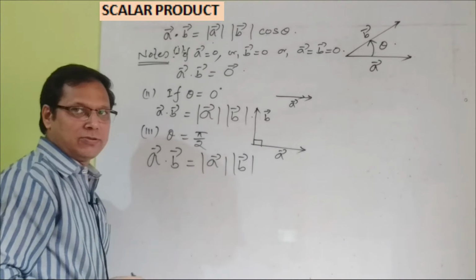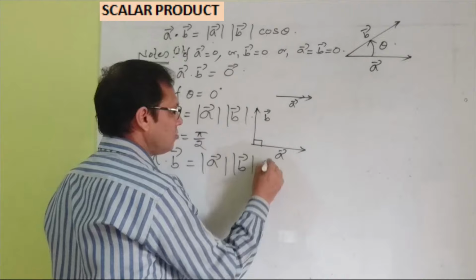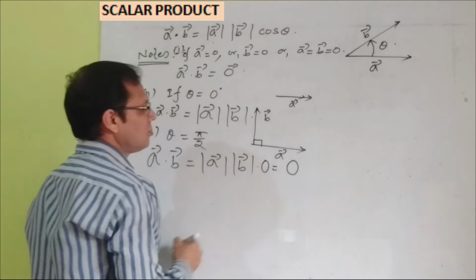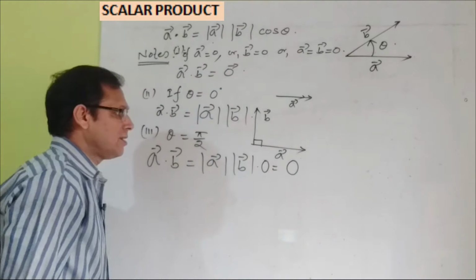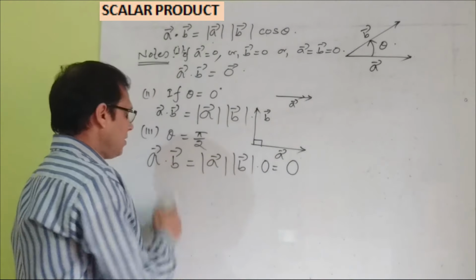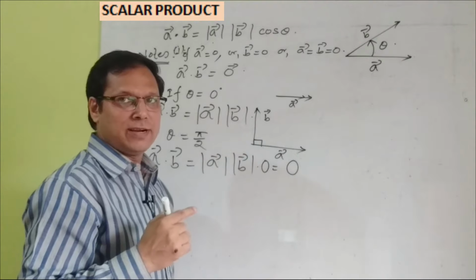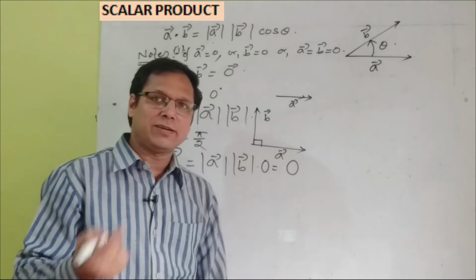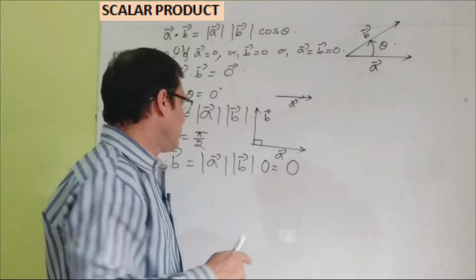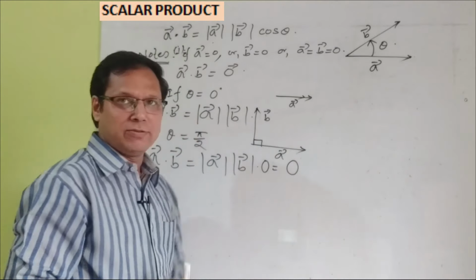Cos pi by 2 is equal to 0. That's why this one is into 0, which is equal to 0. So from this we conclude that if two vectors are perpendicular, then their dot product is equal to 0. So that is the necessary and sufficient condition for two vectors to be perpendicular. That is, their dot product should be equal to 0.